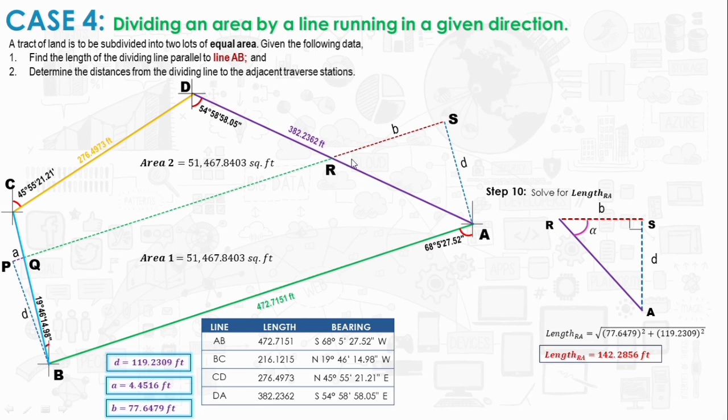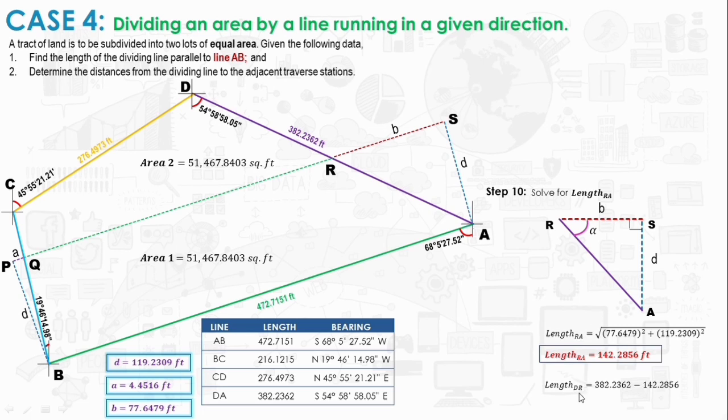So, if meron na tayong length ni RA, makukuha na natin yung length ni DR. Paano natin makuha yung length ni DR? Given man yung length ni DA, subtract lang natin ngayon yung length ni RA para makuha yung length ni DR. So, therefore, length of DR is simply 382.2362, yung length ni DA, minus 142.2856, na length ni RA.